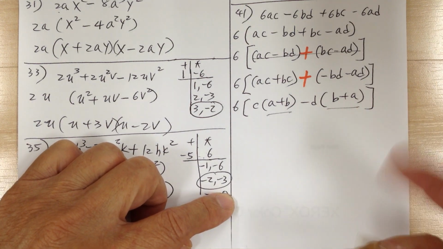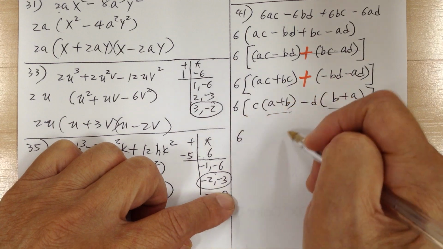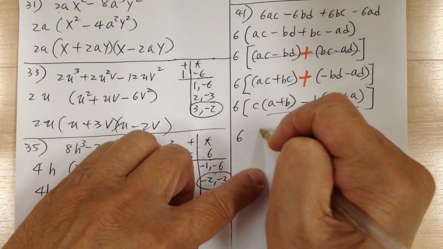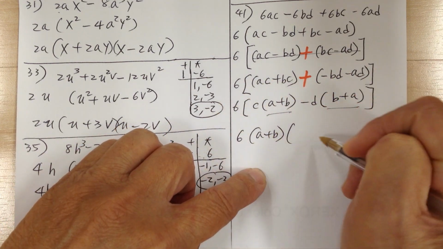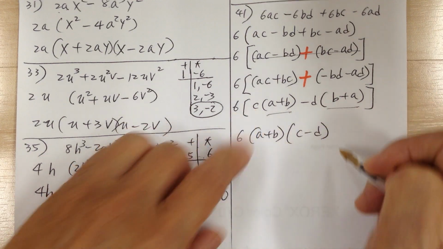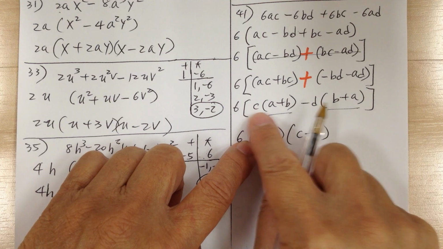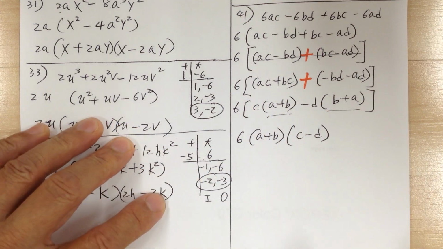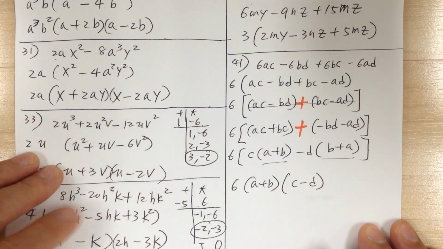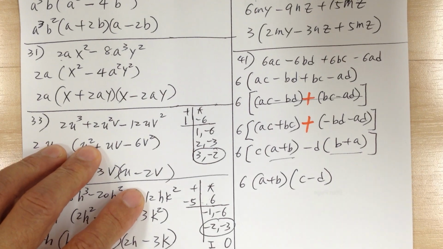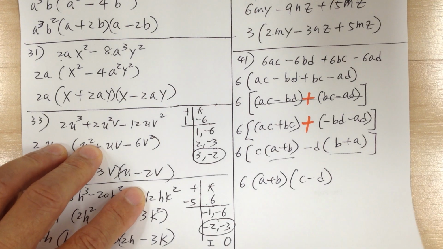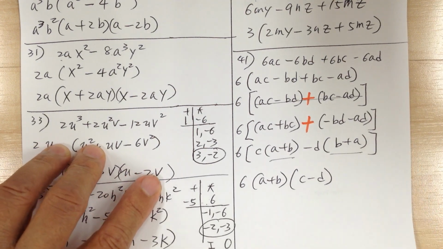Because addition is interchangeable. So you factor out the A plus B, and the leftover will be C minus D. So this one is a little bit tough. But you just have to be disciplined, go through the steps, and be careful as you do it.